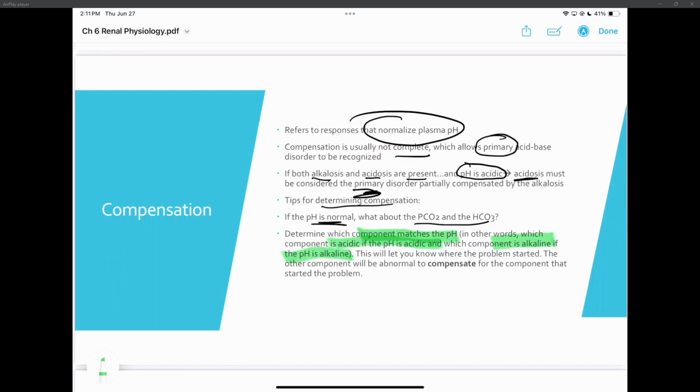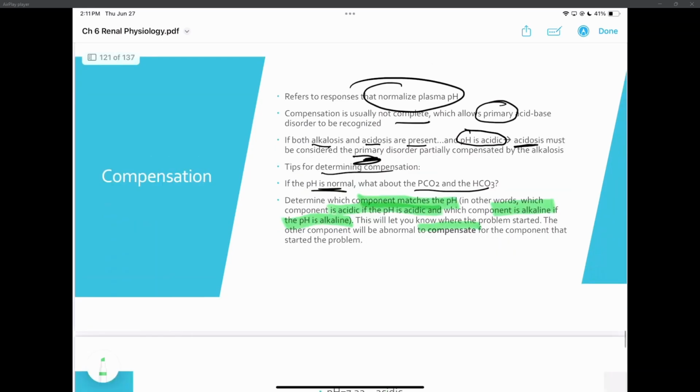This tells you where the problem started. The other component will be abnormal to compensate for the component that started the problem. I have examples, so don't worry about it if you're confused right now.